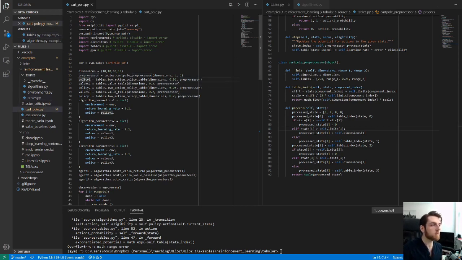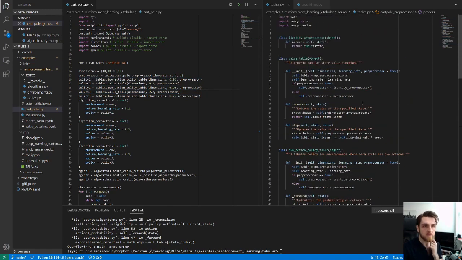Then we have 3 policies and 2 value functions defined here on the left, which contain our policy and our value estimates. So these consist of this value class on the right, which simply returns the value using this forward function and updates the value according to an error that the algorithm has calculated using the step function, with a learning rate that you provide.